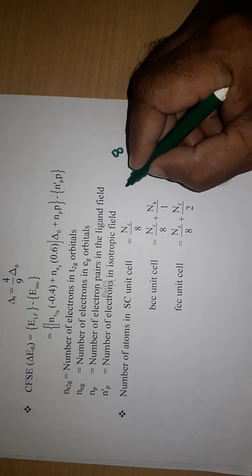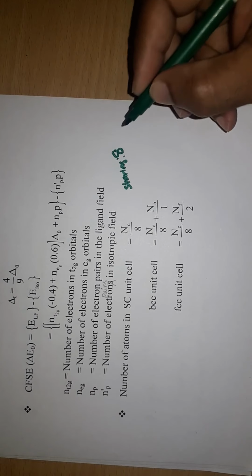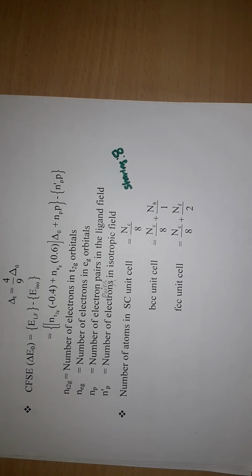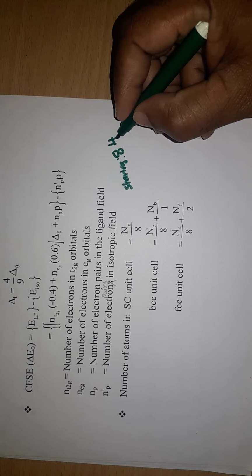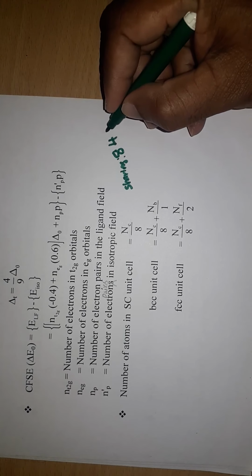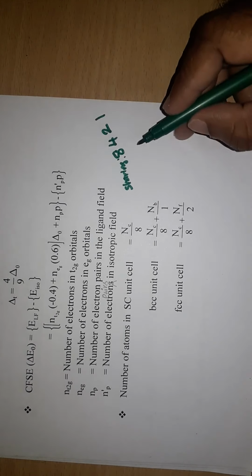You have to know the sharing of atoms: in the corner it is 8, in the edge it is 4, in the face it is 2, in the body it is 1.